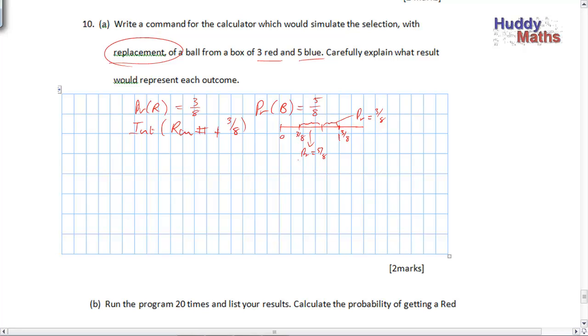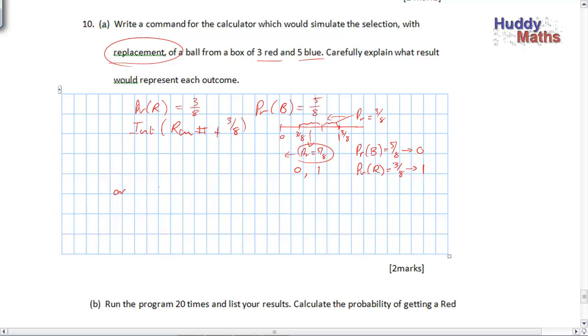So these will all go down to 0, and these will go down to 1. So the probability of a 0 is 5/8, and therefore the probability of a blue is 5/8. So that will be represented by a 0, and the probability of a red is 3/8, and that would go to a 1. Blue's 0, red's 1.